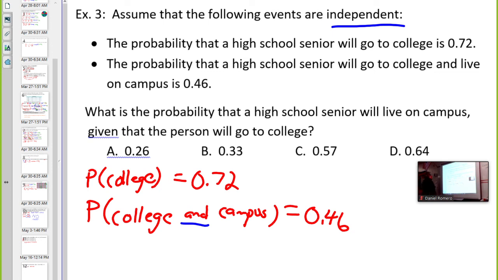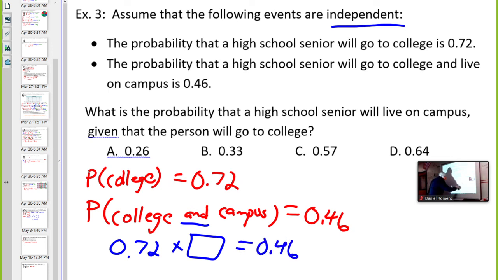So this is saying that 0.72 times something gives you 0.46. How would I figure out what that something is? That something being just the simple probability of living on campus. Divided, sure. So 0.46 divided by 0.72 gives me around 0.64.